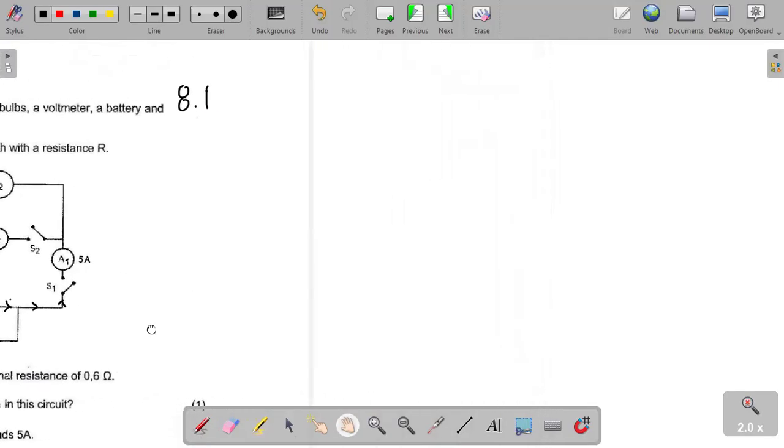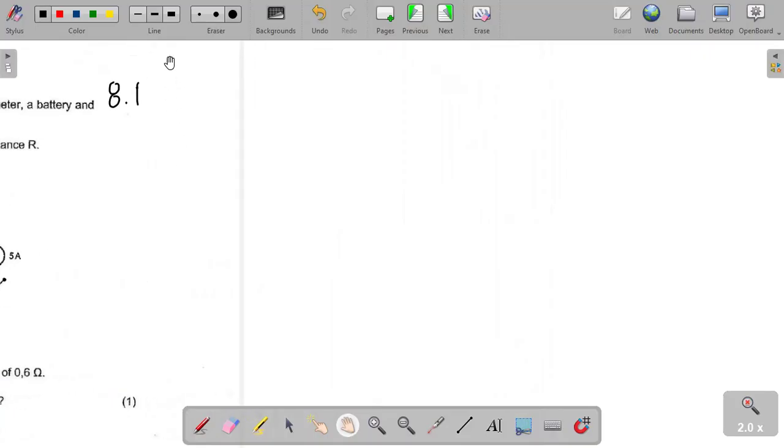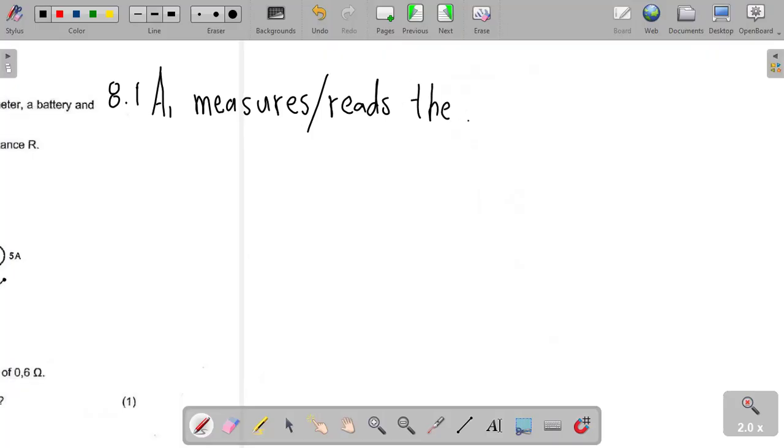So the function of A1 here is what? Well, you can say A1 measures, or you can say it reads, the total current of the circuit.